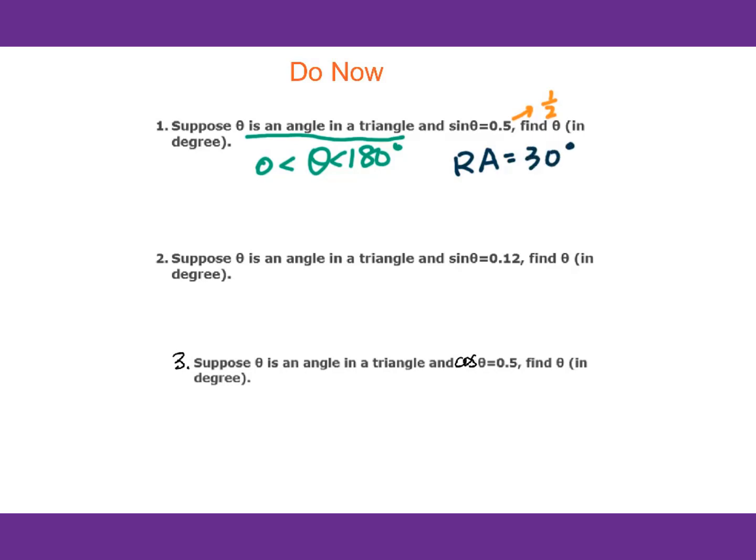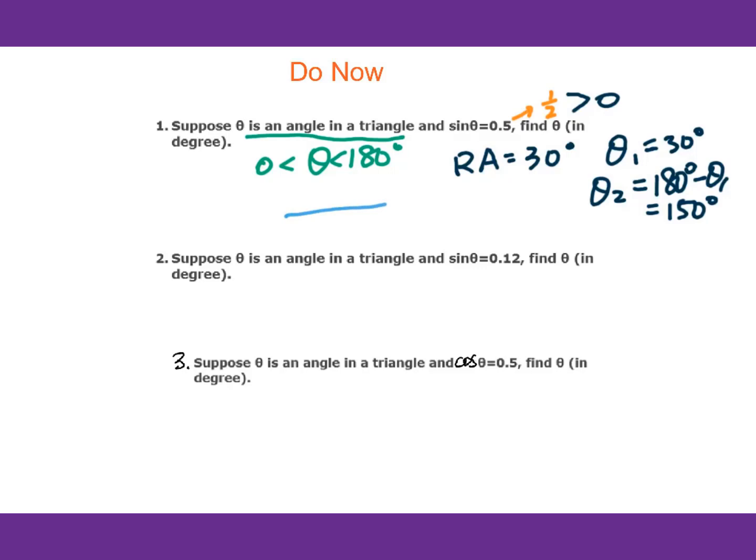In other words, theta 1 equals 30 degree. And then theta 2 equals 180 minus theta 1 equals 150 degree. Because for sin theta equals positive, they will go to first quadrant or second quadrant. For first quadrant angle, that's your reference angle. Second quadrant is 180 minus your reference angle.